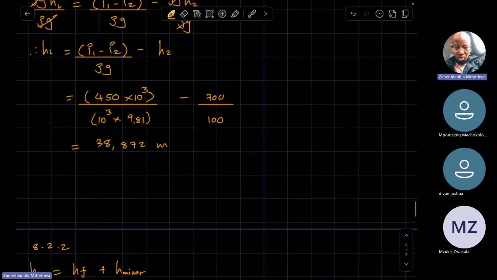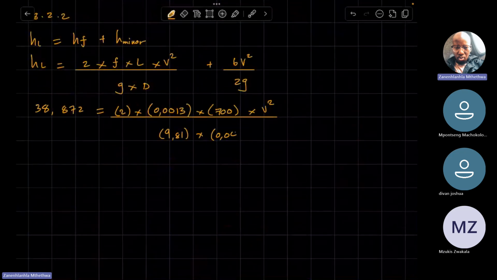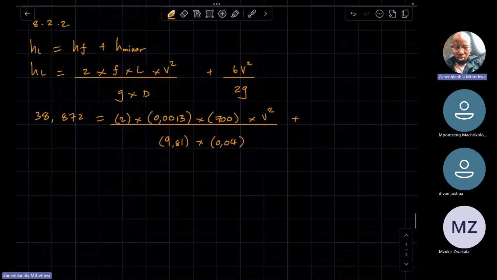The diameter of the pipe was 40 millimeters, so that's 0,04 meters. Sorry, Mr. Mteto, is the length 700 meters or 700 millimeters? Meters. 700 meters. Meters, okay. Yes. All right. And then, of course, here, 6 divided by 2 is 3. So we can have 3V squared over G, which is 9,81.